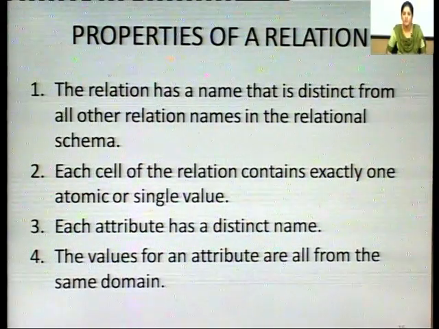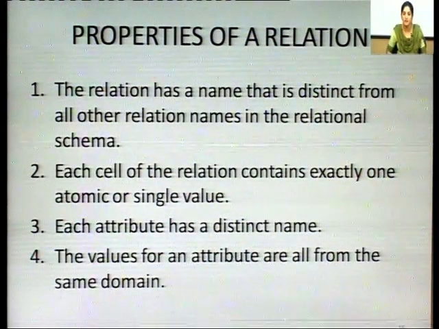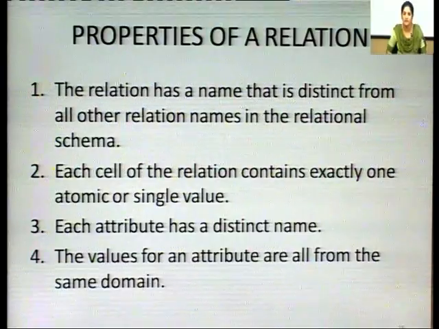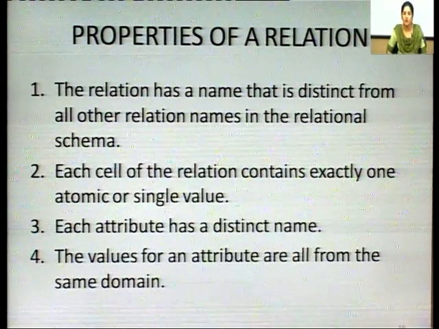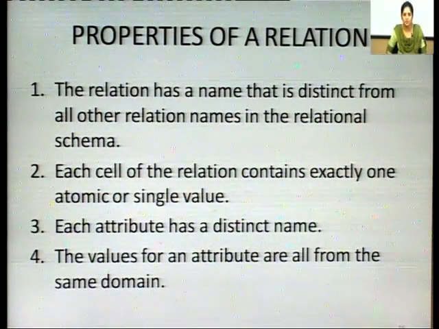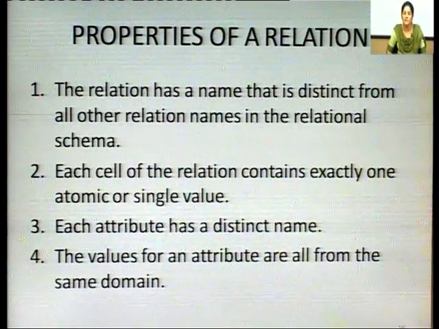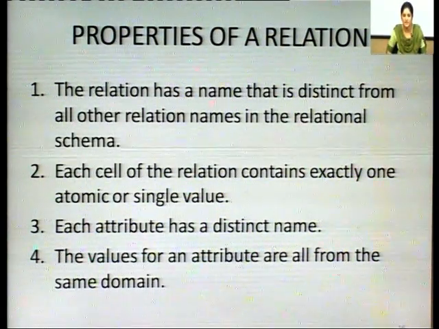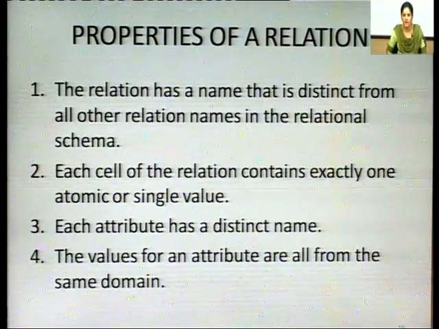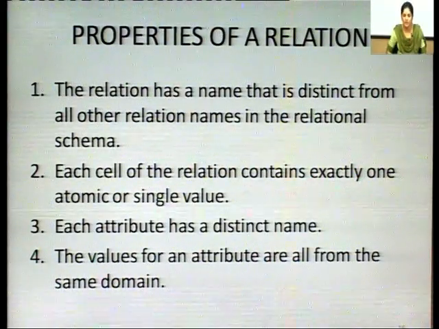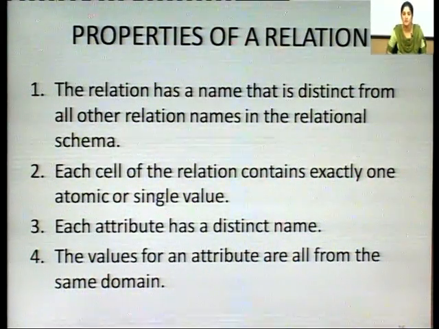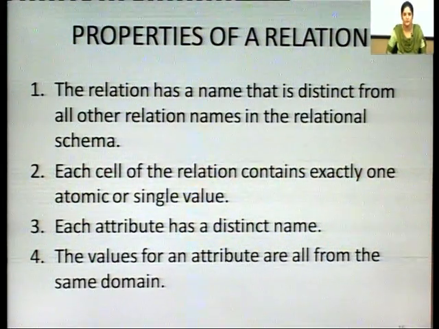Next is, each cell of the relation contains exactly one atomic, or single, value. Atomic value means the value should not be divisible into other parts. So each cell of the relation, that is each column of the table, should contain at most only one value.